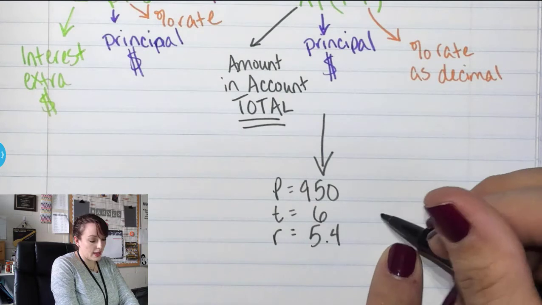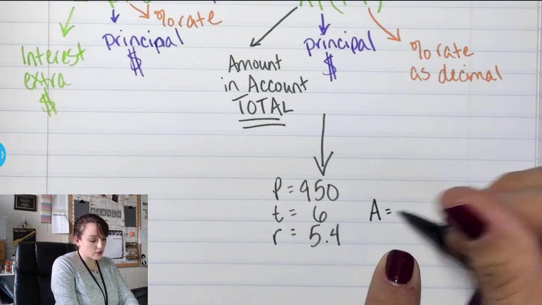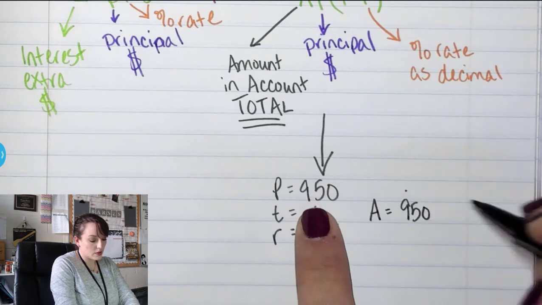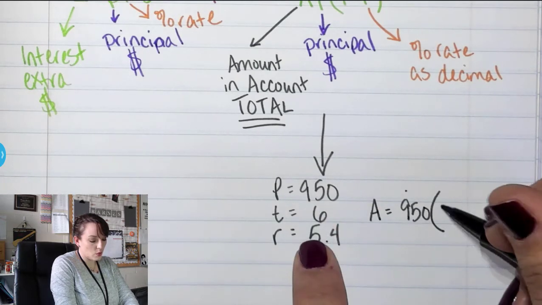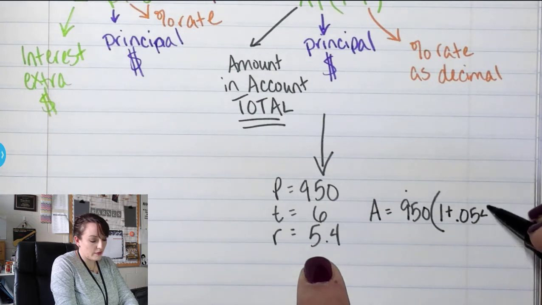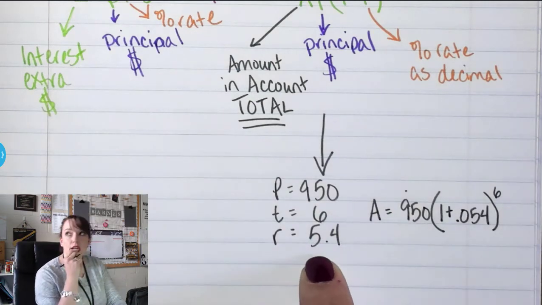then my formula I would use A equals 950 parentheses 1 plus 0.054, close parentheses, to the 6th.